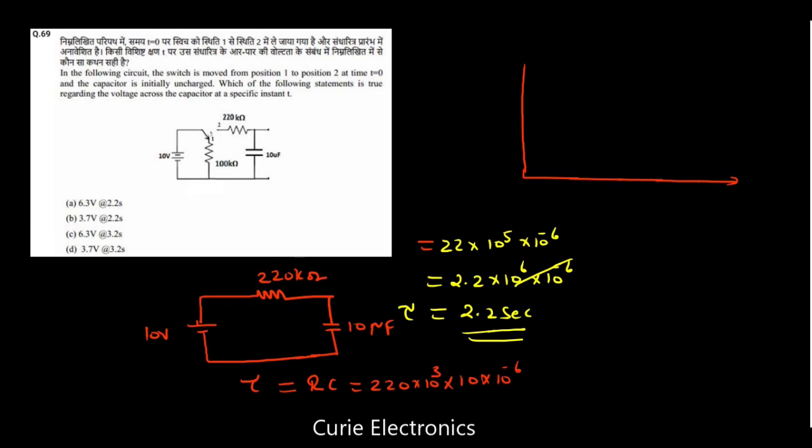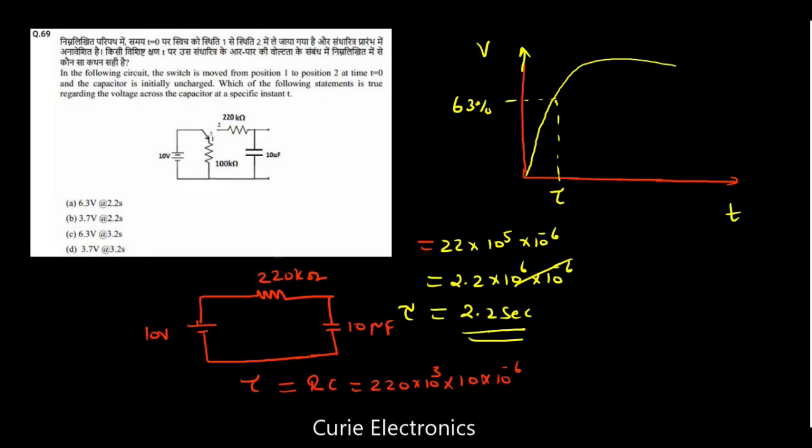Tau equals 2.2 seconds. When you charge, this is the charging voltage of the capacitor, and this is the time axis. The capacitor will slowly charge like this. For the capacitor to reach one time constant, 1 tau, it will charge to 63% of the applied maximum voltage, which is 10 volt here.